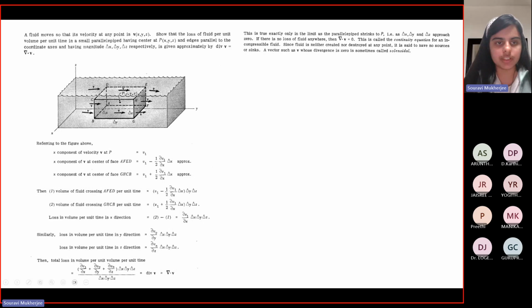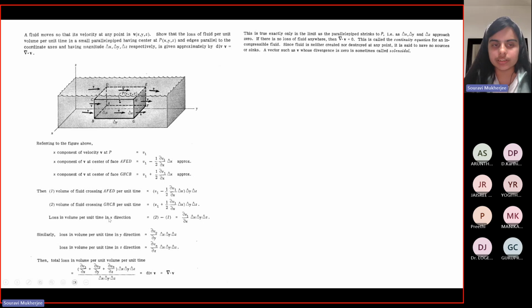If you consider the x component of velocity there, you know that if there is some velocity dependence on x, y, and z, this is how the velocity should look on that surface. Similarly, on this surface, which is GHCB, it will have some different velocity component. And similarly, you'll have different velocity components along all these surfaces.